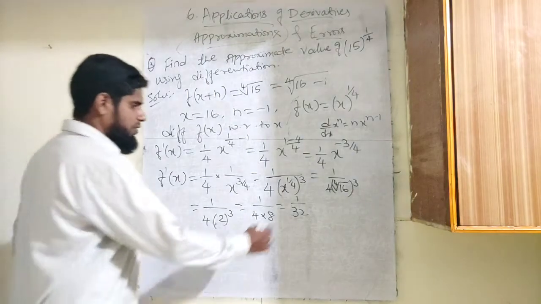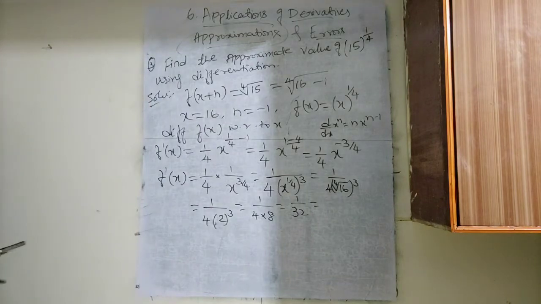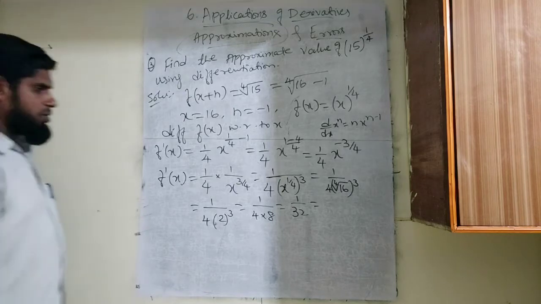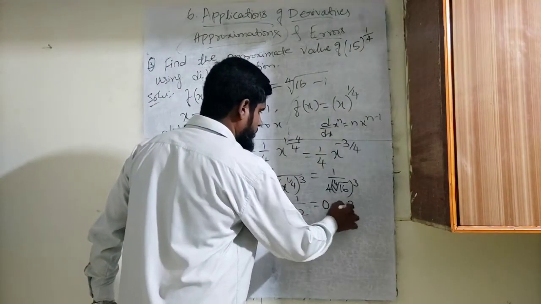Now let us divide this 1 by 32. What is 1 by 32? 1 by 32 is something like 0.03.